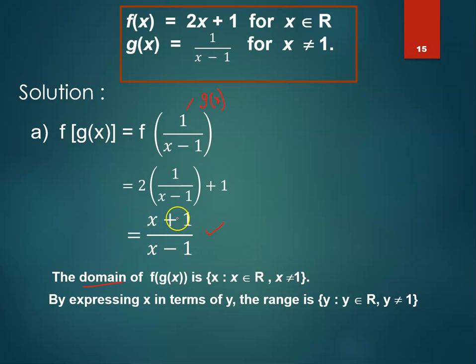You can pick any number for the domain, but not x equal to 1, because if you substitute x equal to 1 into here, you will get 0, which will make your function undefined. That's why we cannot choose x equal to 1.